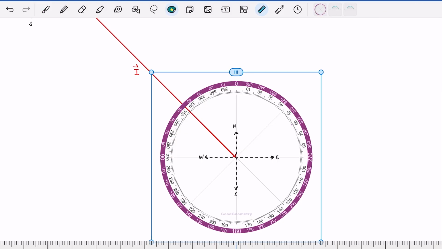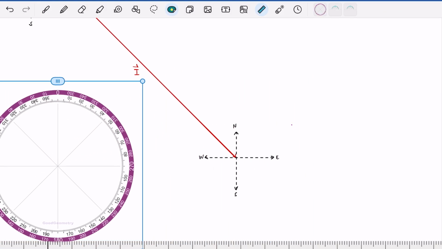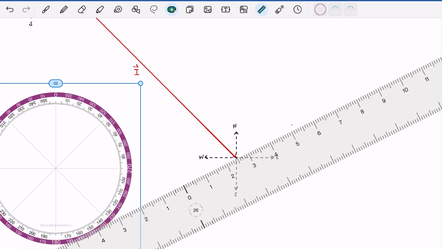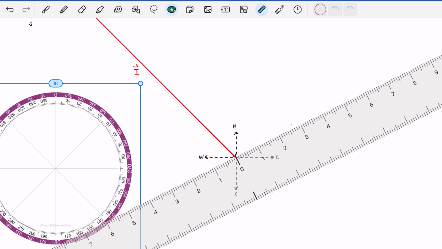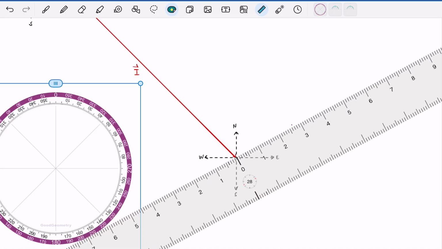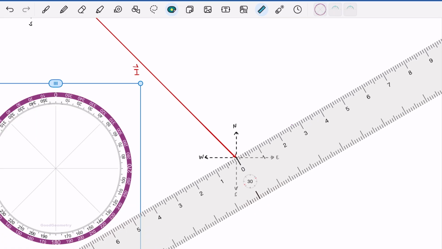So now that I have marked where 60 is, we do the same thing. We set our ruler such that it passes through the origin of our direction, and then it also passes through the point which denotes the angle. So just like that. So I'll measure 2 cm from there.